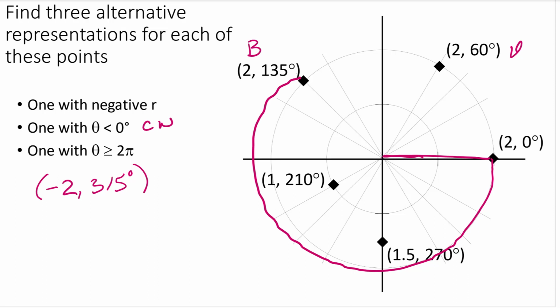Okay, so clockwise, that's going to give me 180 plus 45, and that's giving me 225. So 2, 225. Beautiful.